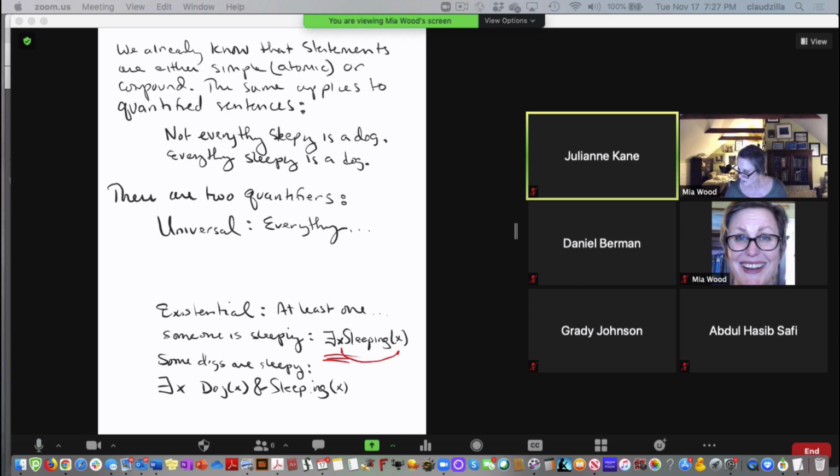Right now, the existential covers only dog. It does not cover the entity sleeping, right? So right now, we've only got this relation. It's similar to saying, okay, it's not the case that A and it's B versus not both A and B. It makes a big difference to have a pair of parentheses.